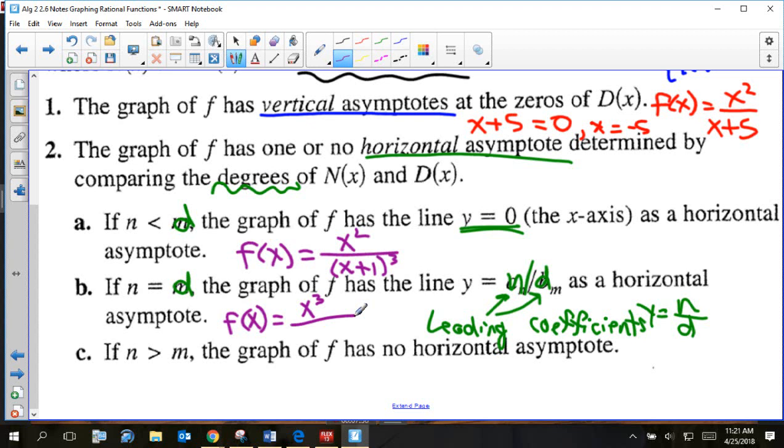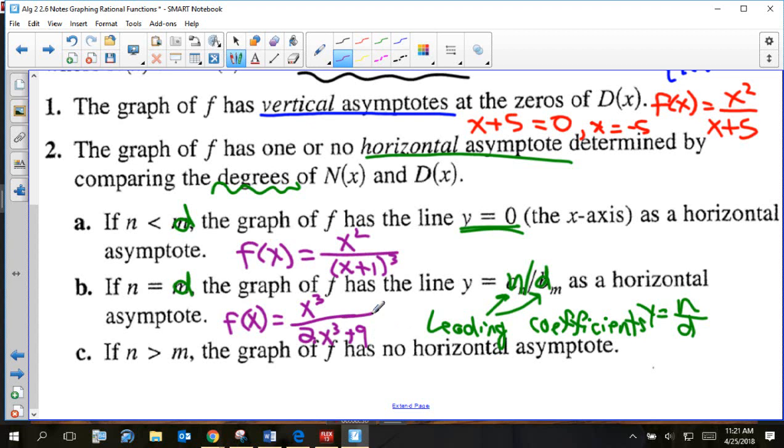Just give me one with a degree of 3. That's not perfect. Okay, so now we have a degree of 3 on top.